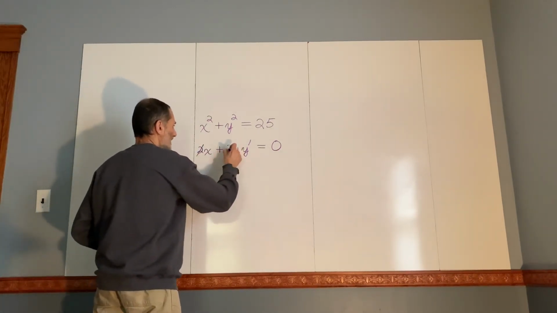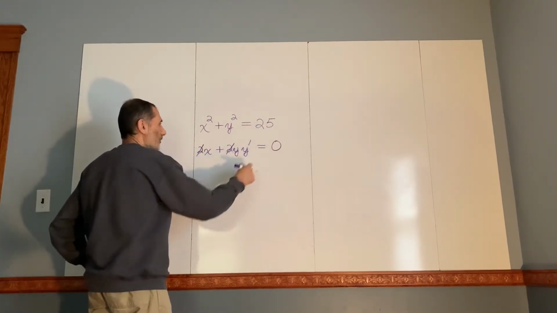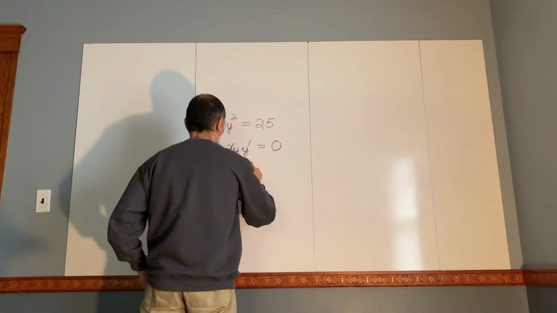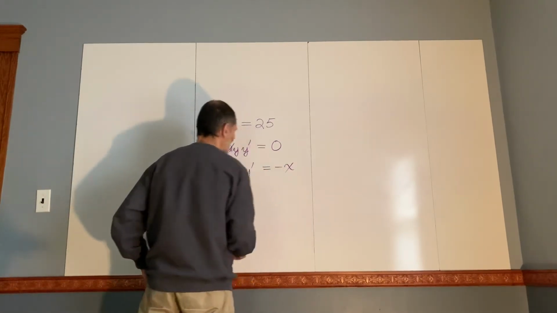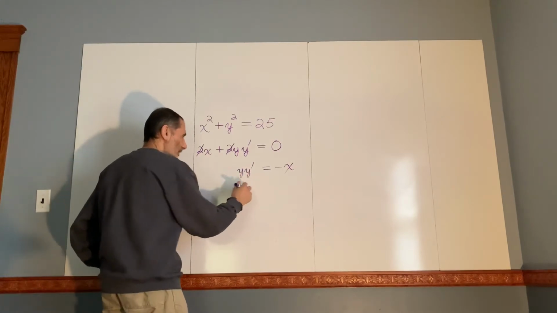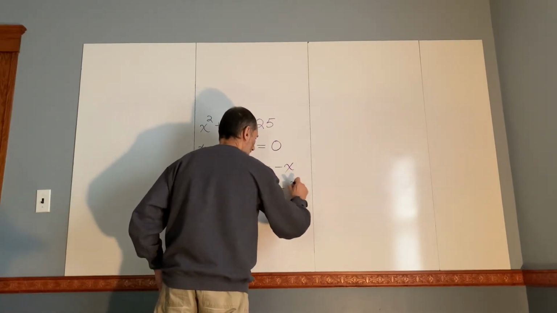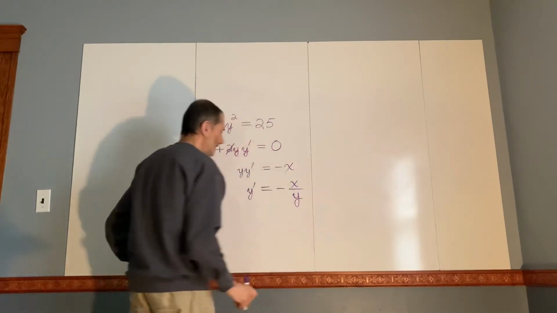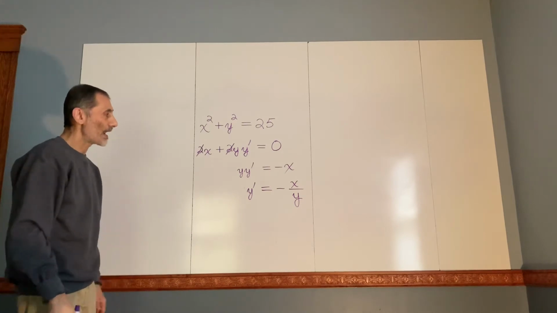I can divide both sides by 2. 0 divided by 2 is still 0. So I have x plus y y prime equals 0. Last step, isolate the y prime. So y prime equals negative x over y. That is dy dx, or y prime.